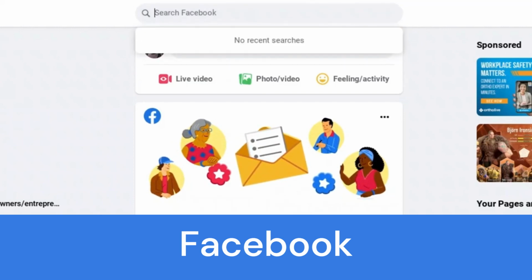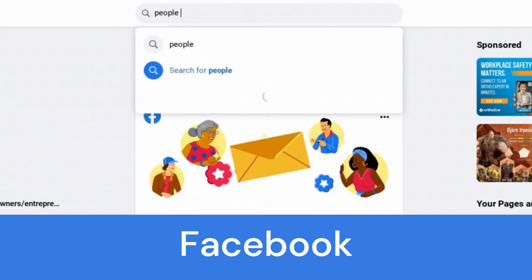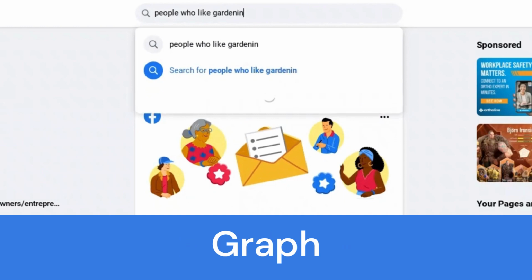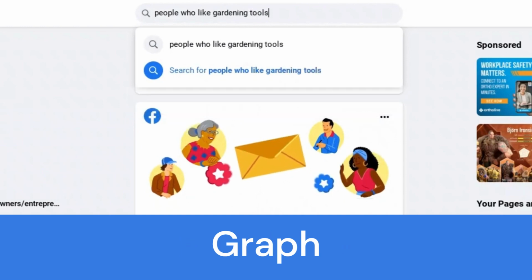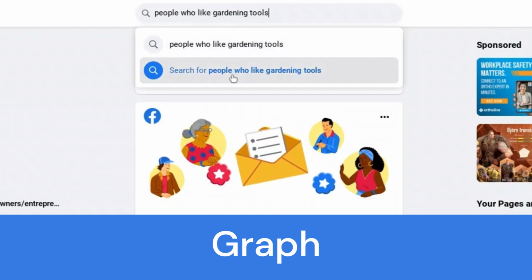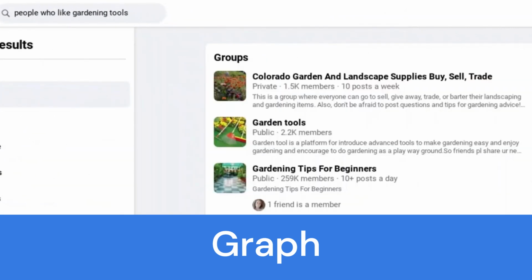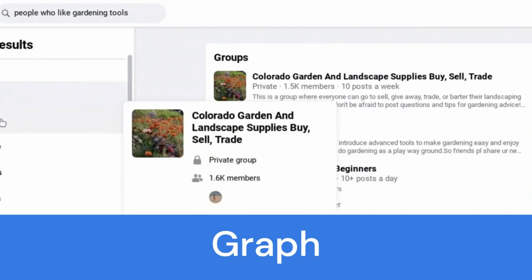And you can go into the graph search and type in people who like gardening tools, right? What that will do is pull up a bunch of people who actually are interested in what you're selling, because you are selling gardening tools. If you're selling those, it's important to put those in front of people who have a likely chance of being interested or even purchasing what you're selling.